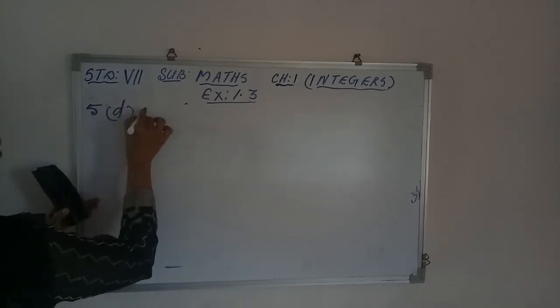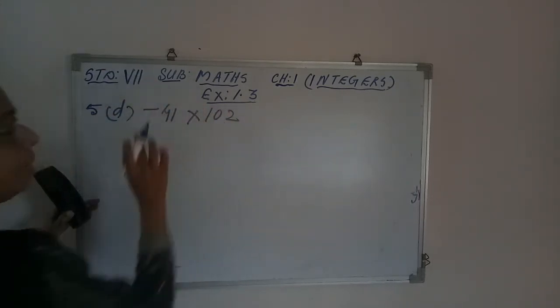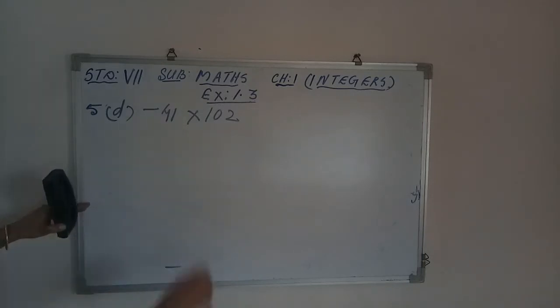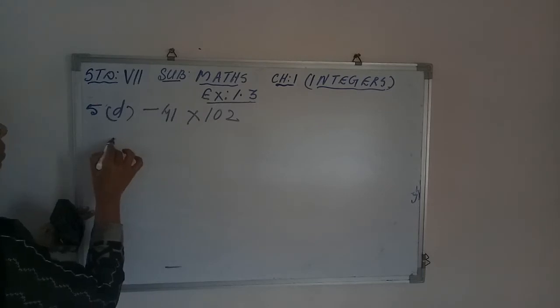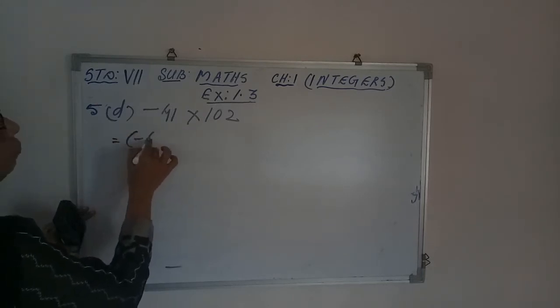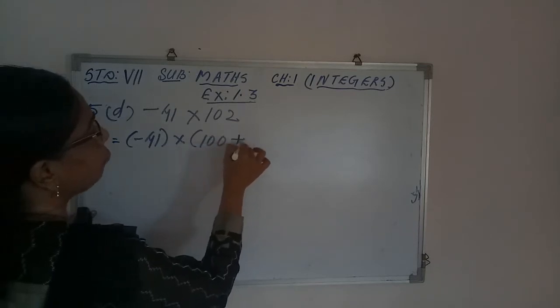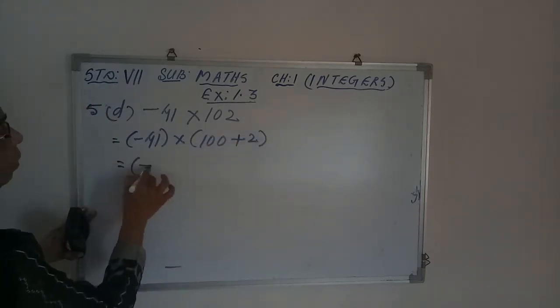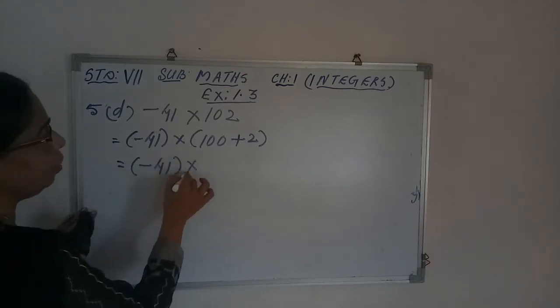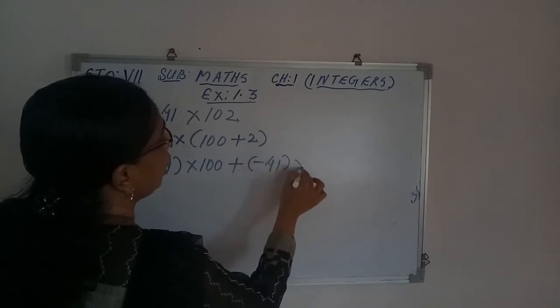Minus 41 into 102. Here see what I am going to do. 102 we can write it as 100 plus 2. That's equal to minus 41 into 100 plus 2. Is that clear? Now that's equal to minus 41 into 100 plus minus 41 into 2.